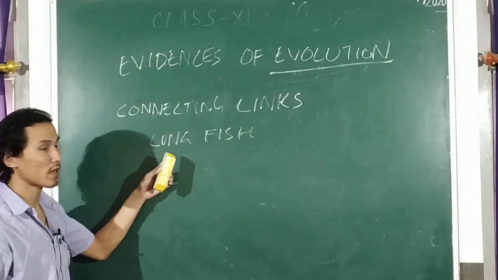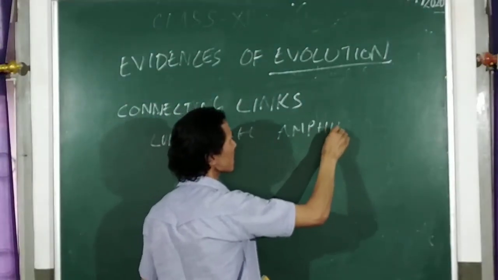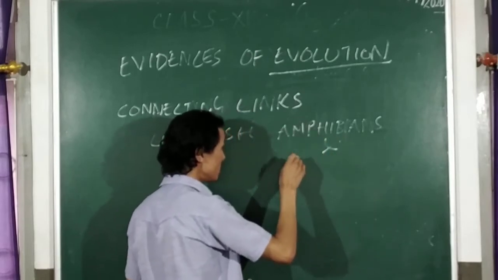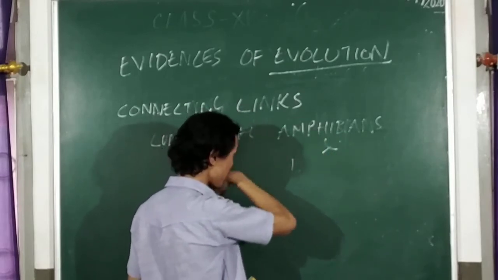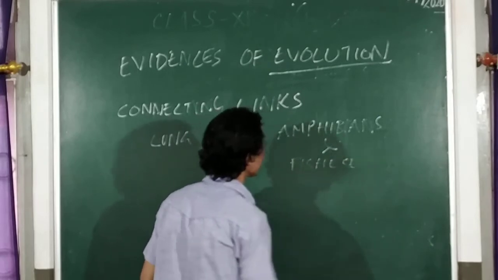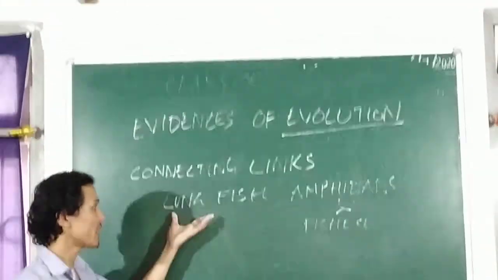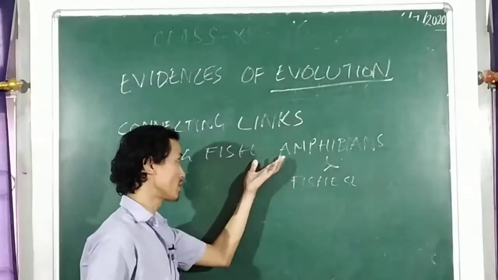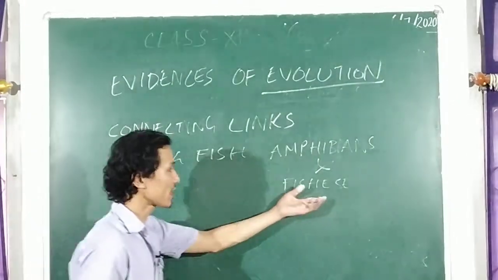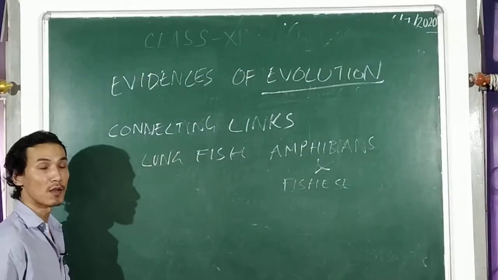It provides a connection between amphibians and fishes. The character which a lungfish shares with amphibians is the presence of lungs itself. With fishes, the character which it shares is the presence of scales.